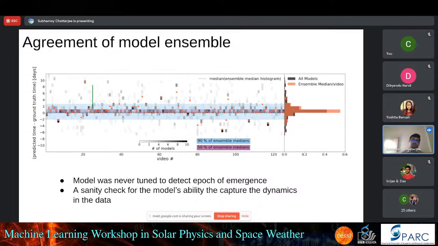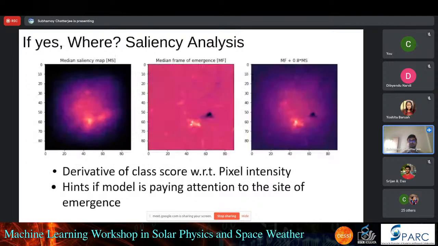Now the next question: if emergence is happening and if we know when it is happening, can we say where it is happening? And that is where we bring in an approach called saliency analysis. This is an interpretability approach for typical deep learning models.